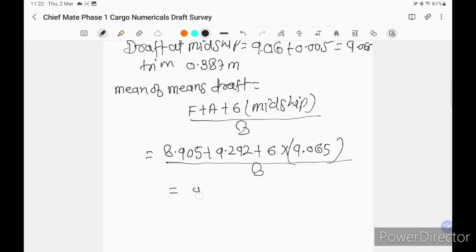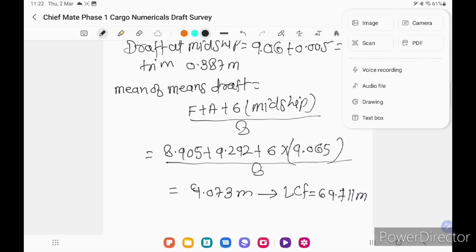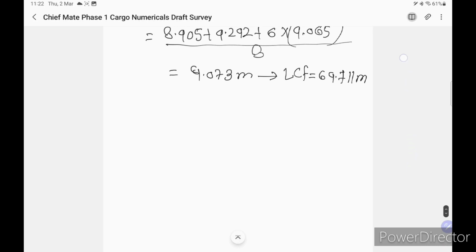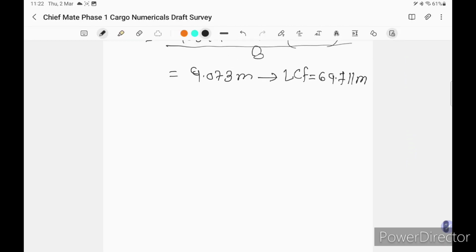So you will get 9.073 meters. Now for this we have to calculate LCF from the hydrostatic particulars. So you will calculate and you will get 69.711 meters. So now we have LCF.